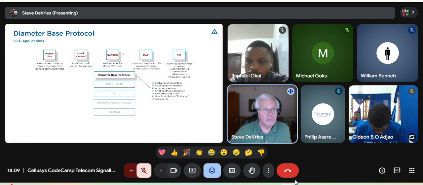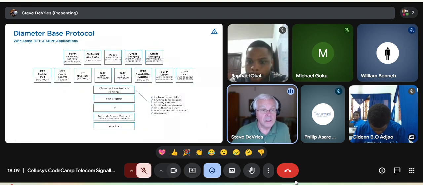They write a lot of these other ones, and we won't go over all of those, but Diameter is used for online charging. That's a prepaid service. Offline charging, that's where you get a bill at the end of the month. It's used for conveying policies, applying different quality of service and different bit rates depending on the data stream, because you can apply these different policies to different data streams.